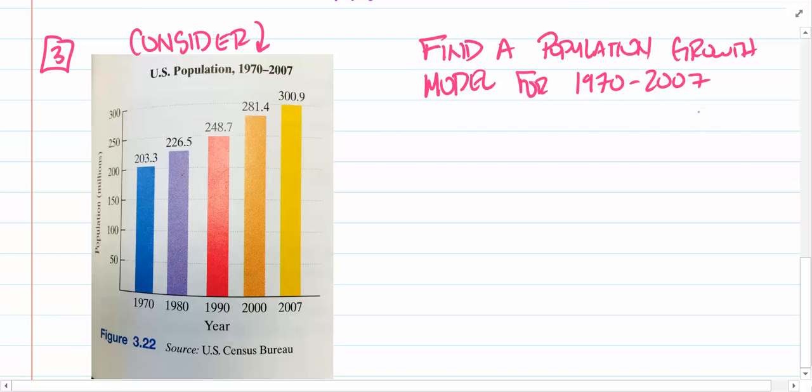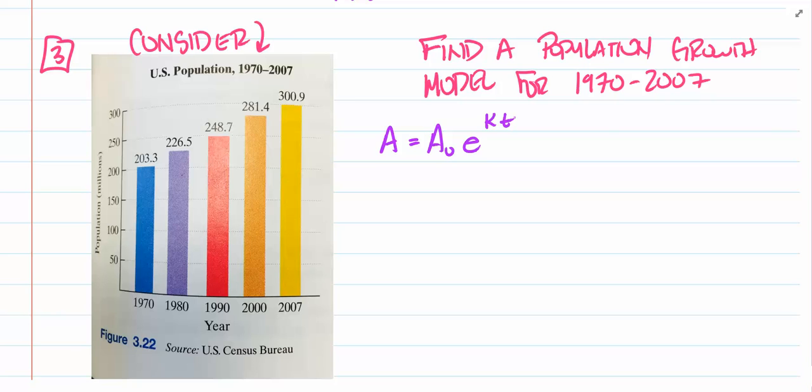So we're going to start by saying the amount has to be the initial amount, e to the kt. So here's what we start with. And we know one of these right off the bat. What's the initial amount that we have, you guys? Well, according to the graph, in 1970 it was 203.3 million. It's not zero.